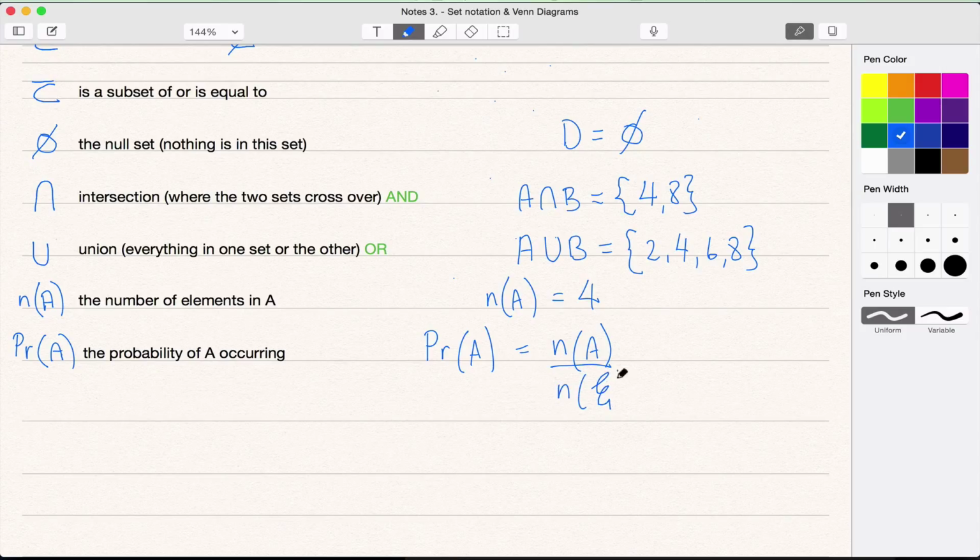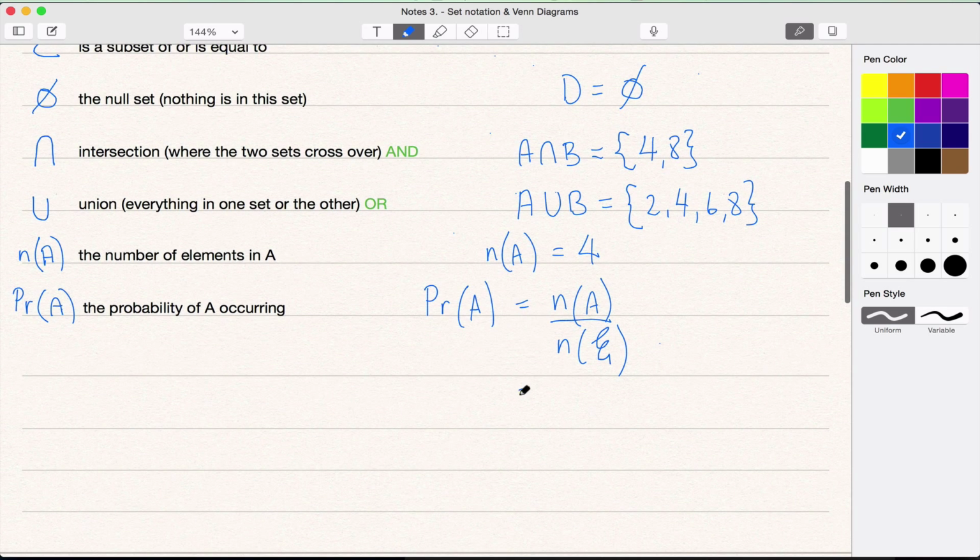So the total number is the number in the universal set. That's our probability rule from before, but we were writing it out in words. Now we can use symbols to show it. Number in A is 4, and the total number in our universal set is 9. And that's going to be our probability of A occurring, if all these numbers were equally likely.